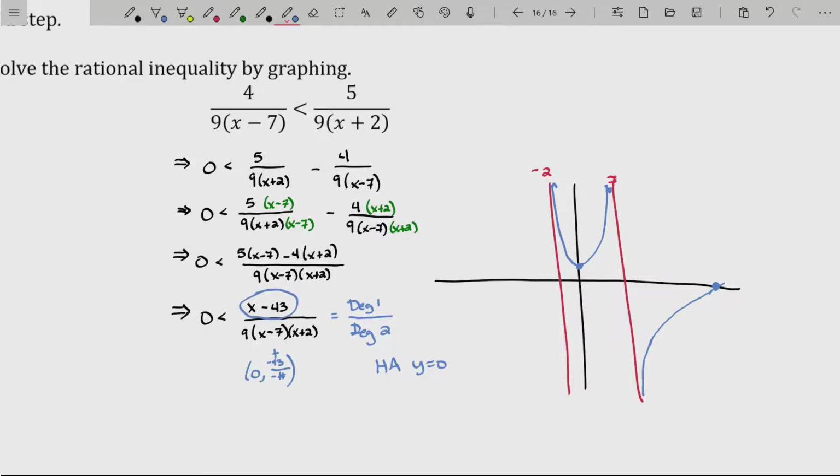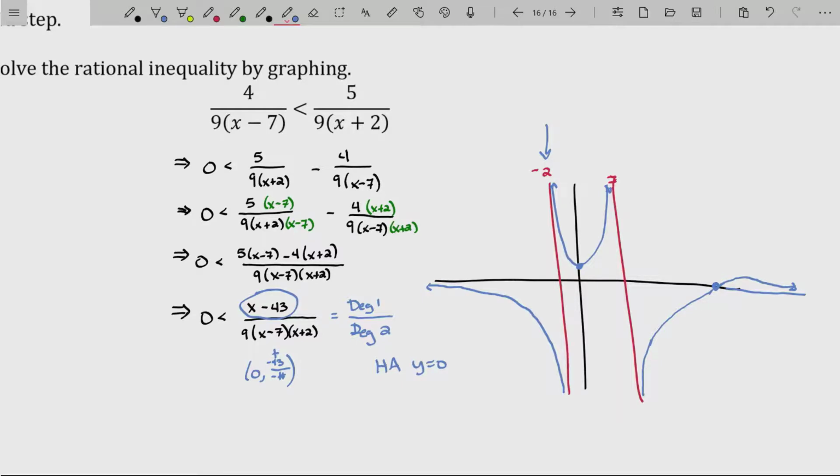But remember, over the long haul, it wants to hug the x-axis here because, again, the horizontal asymptote is 0. Along the same lines, since the vertical asymptote at x equals negative 2 has odd multiplicity, again, the behavior is opposite and it'll want to eventually hug the x-axis. It will never cross the x-axis because there's no x-intercept on that side.